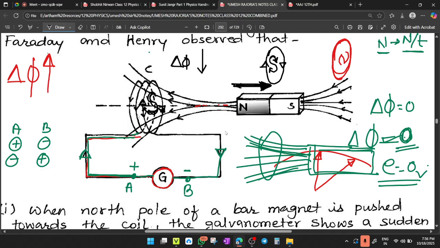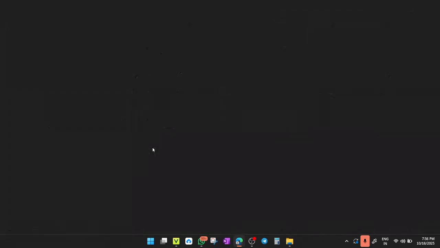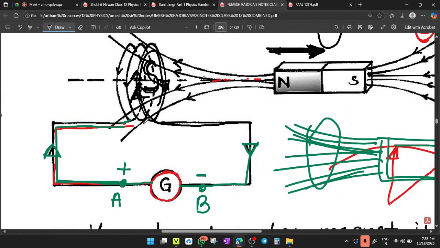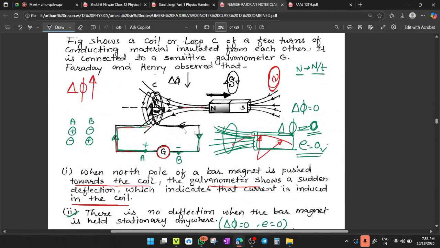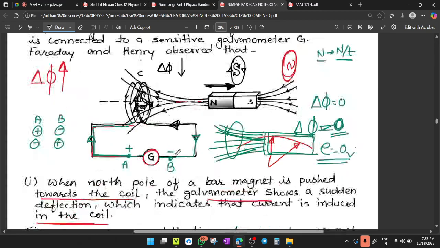Clear or not? So check now the current is entering here. Okay, current is entering here. Understood or not? Yes, current is entering here from this loop. So as the current is entering from this loop, the direction of current changes and the polarity will reverse.